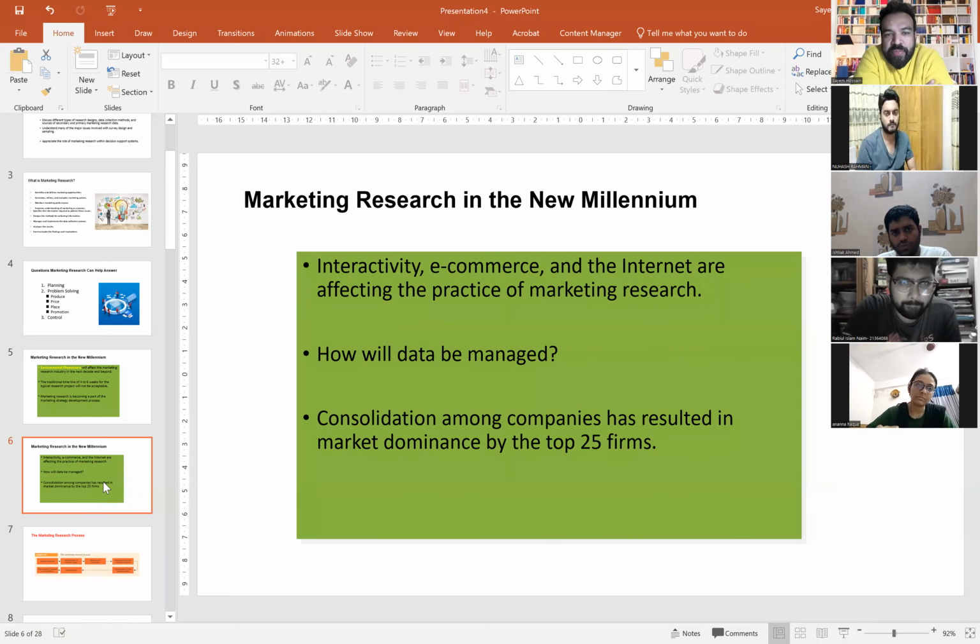Interactivity, e-commerce, and the internet are affecting the practice of marketing research. So we know that the world has become touch sensitive, right? With the touch of a button, with the push of a button, consumers can do magic these days. Imagine the marketing of Facebook, right?